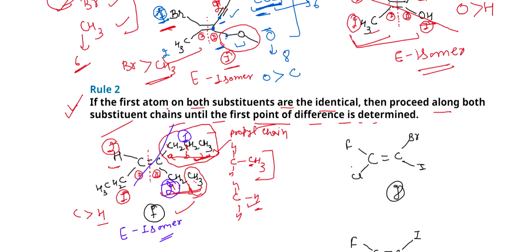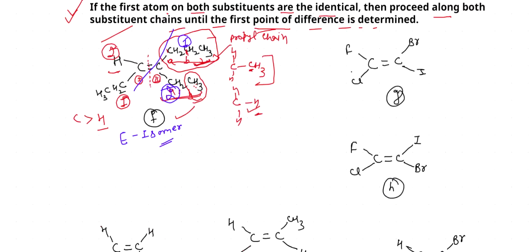Then the molecule G and H. In molecule G, bifurcate in the center. So out of carbon number 1 and carbon number 2, carbon number 1 is attached to two substituents. One of them is chlorine and another one is fluorine. Chlorine has higher ranking as compared to fluorine because its atomic number is 17.